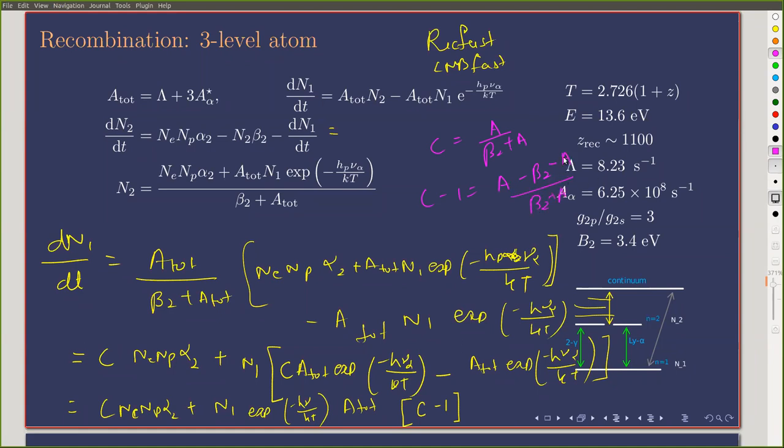Negative beta 2, plus A, and putting that here, instead of this you have negative beta 2 by beta 2 plus A total, and this factor is again C, so you have this.